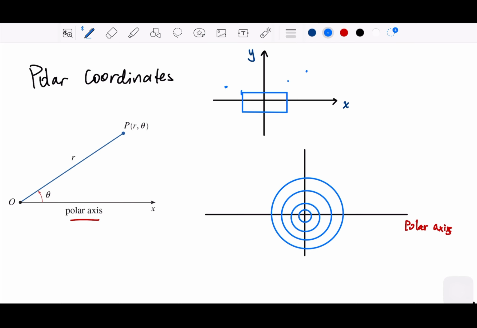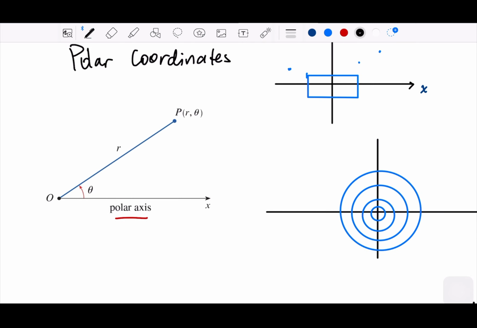We have this point, and all the points will be moving in terms of radius and angles. So that's why we will focus on this radius and angles.